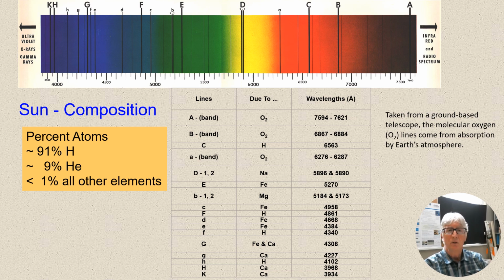This shows you that the composition of the sun is about 91% hydrogen by number and about 9% helium, and less than 1% of heavier elements like iron, sodium, calcium, and magnesium. Note that the molecular oxygen lines, the O2 lines, come from absorption by the Earth's atmosphere. This was obviously taken from a ground-based telescope.